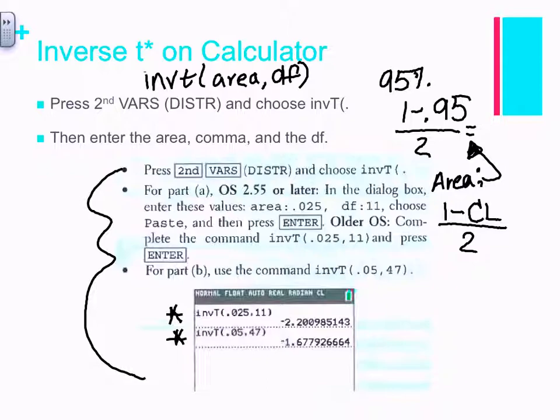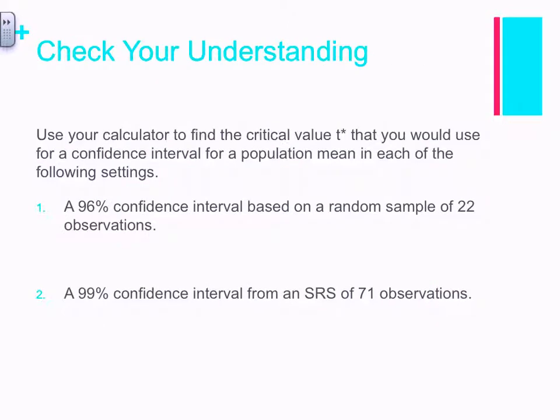So the area under the curve here is 0.025, and 11 would be your degrees of freedom. That would mean that you have a sample size of 12. So here is your area of 0.05. Your degrees of freedom here would be 47. That means your sample size here is 48. Okay, you'll catch on real quickly with these two examples.